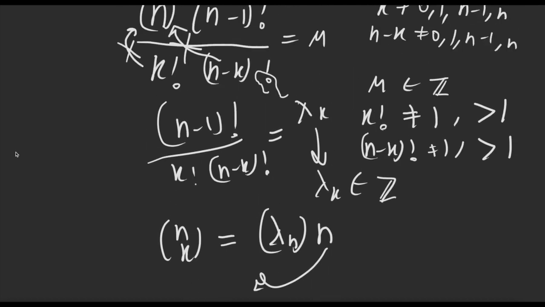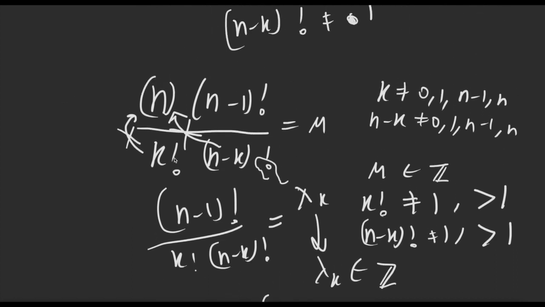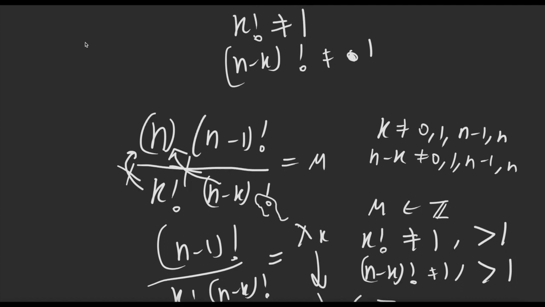And now, I have told you about k factorial being greater than 1, but a prime number is divisible by only two numbers, 1 and the number itself. And now we have k factorial is not equal to 1, but what if k factorial is equal to the number itself?